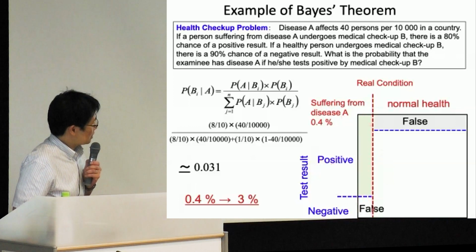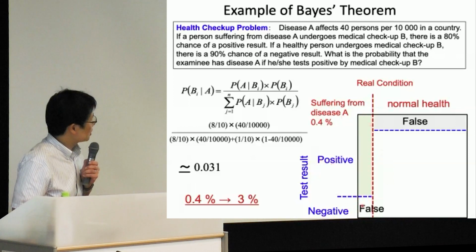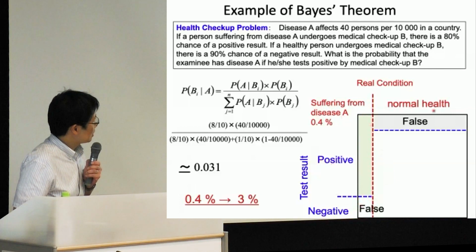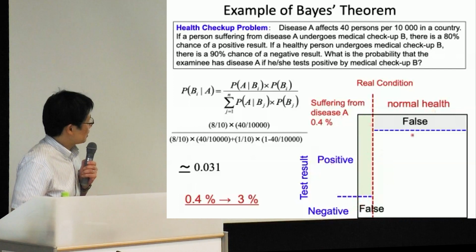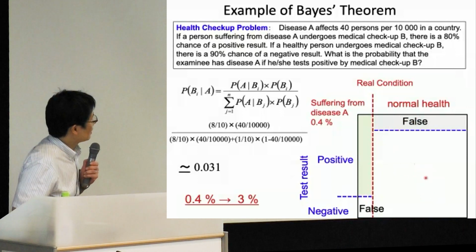So this situation is a false result. And looking at the normal healthy people, if they got a positive, this is a false result. And this region corresponds to a true result.